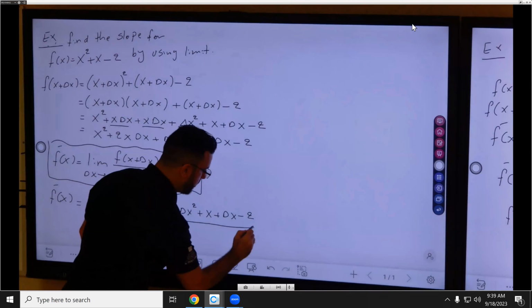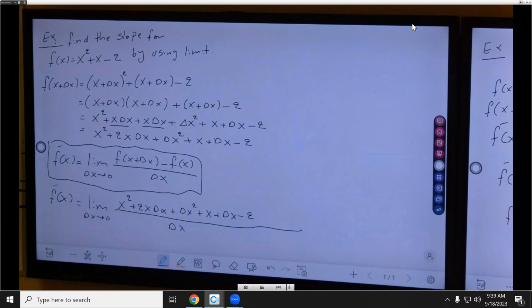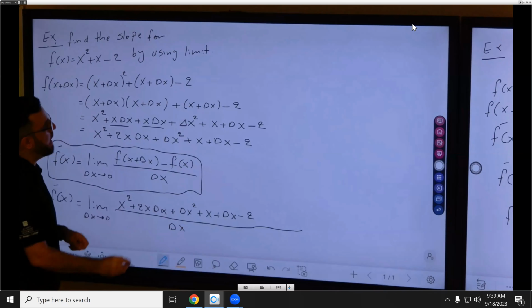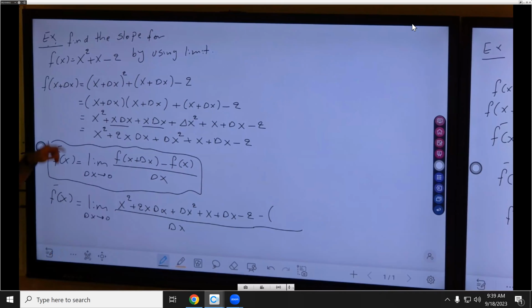Are we finished? No. Only this part is the whole thing here, minus what? f of x, which is our function.